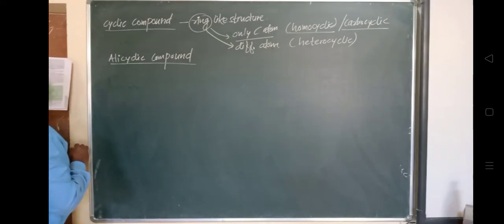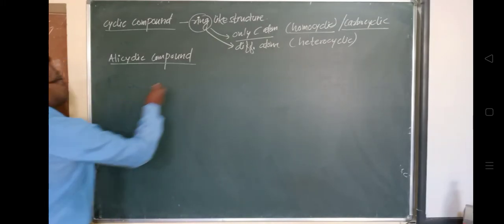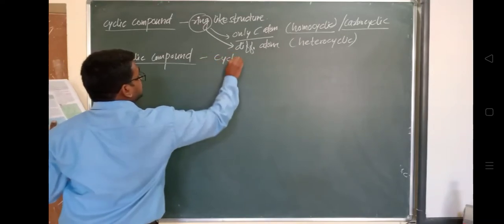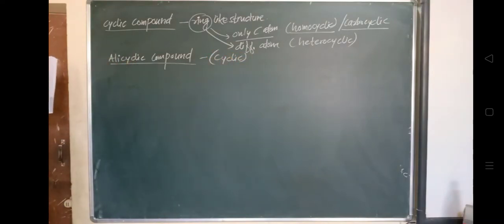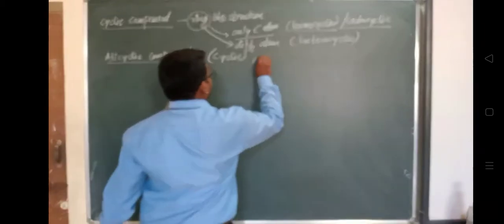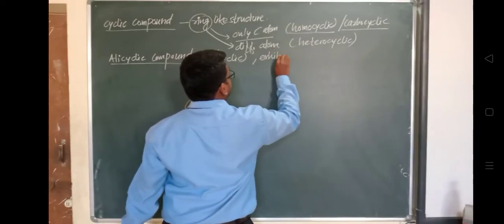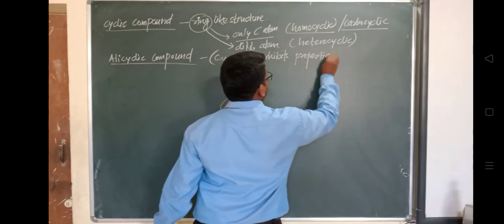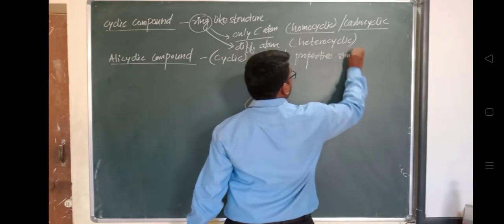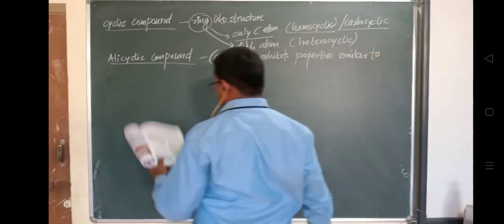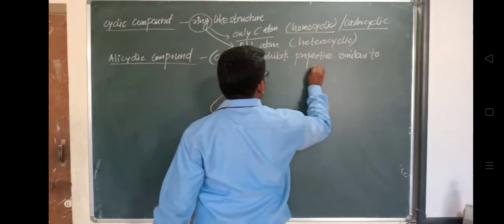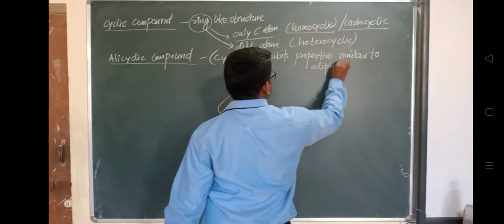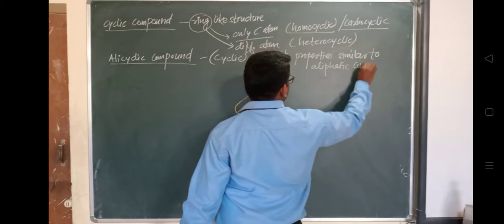These are cyclic, no doubt, because it is a classification of cyclic, so it will be a cyclic compound, and it exhibits properties similar to aliphatic compounds, the aliphatic compounds which we saw in the very first classification.